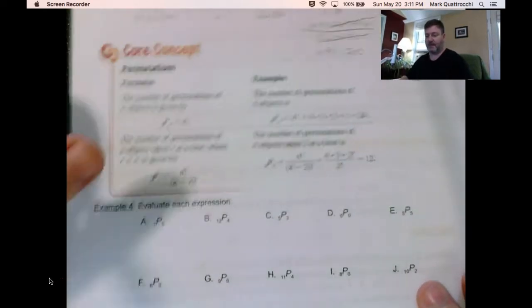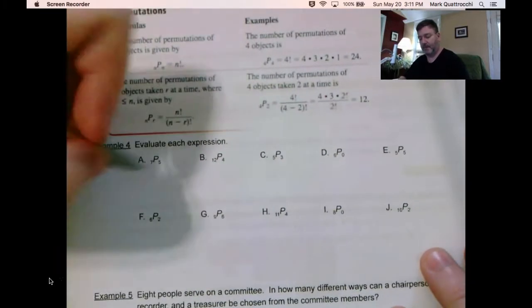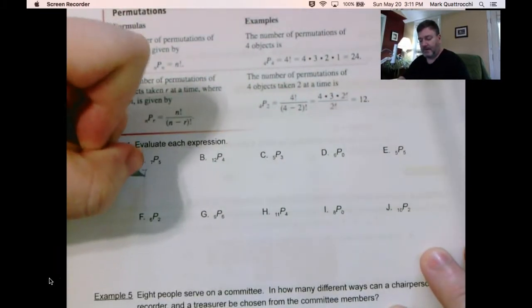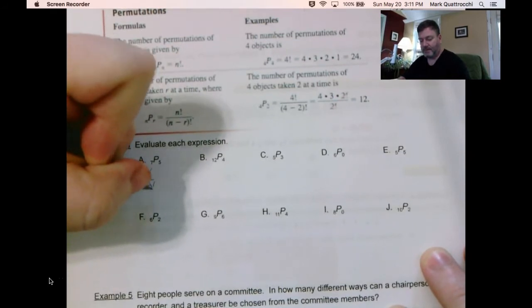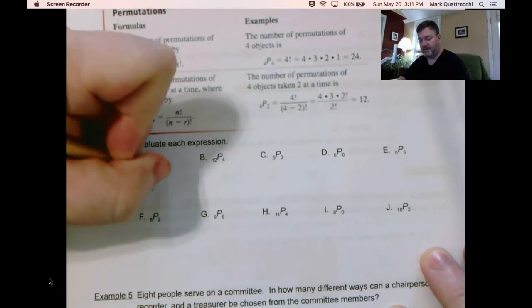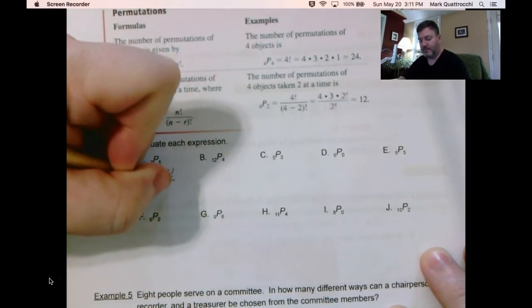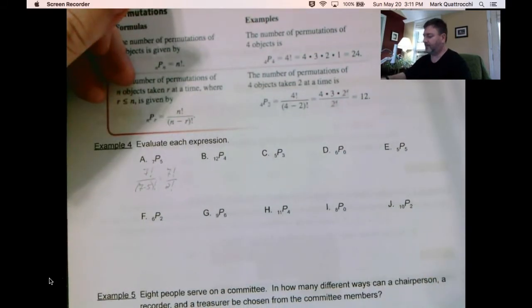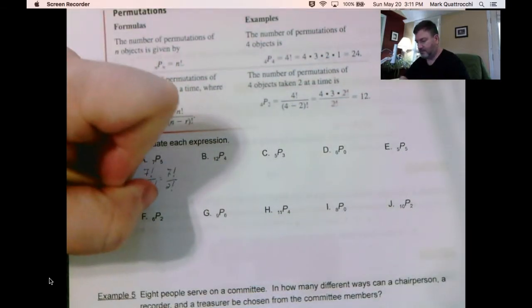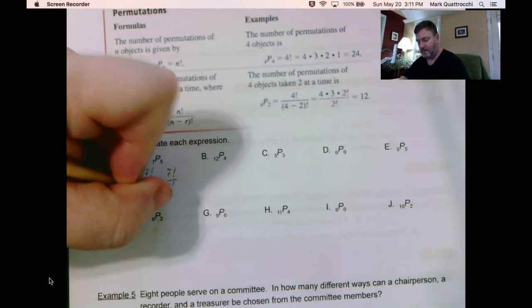So let's take a look at these problems. 7 factorial over 7 minus 5 factorial, or 7 factorial over 2 factorial, or 7 factorial divided by 2 factorial is 2,520.